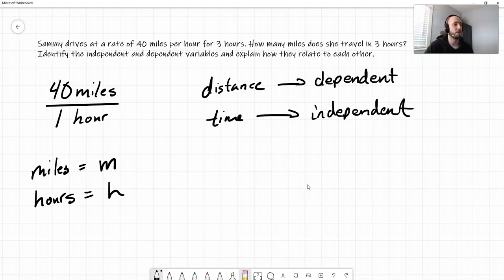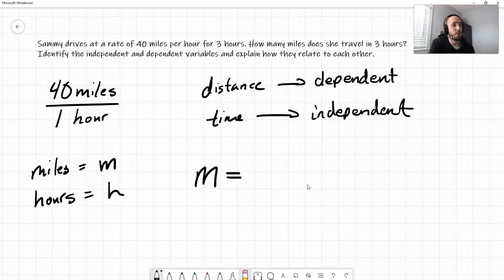Because our dependent variable is distance, it's miles, I'm going to put that by itself. M equals, because that's going to be determined by some quantity for the independent variable multiplied by some coefficient, right? So I know that for every hour I travel, I am going to go 40 miles.